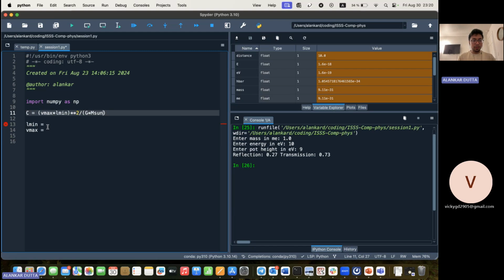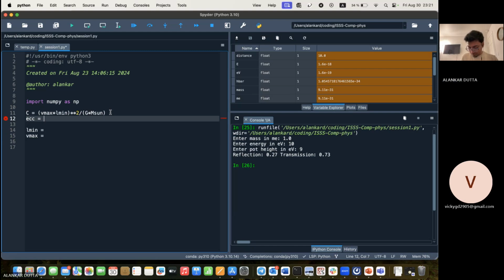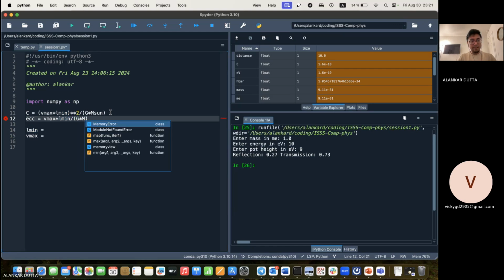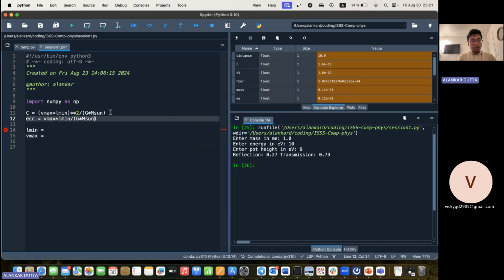So let's also write the orbital eccentricity here. The orbital eccentricity is Vmax times Lmin divided by G times M sun, minus 1.